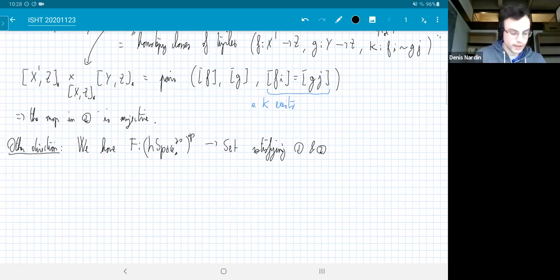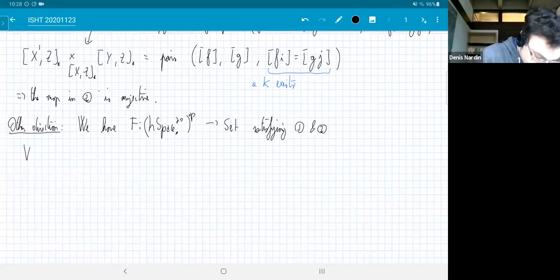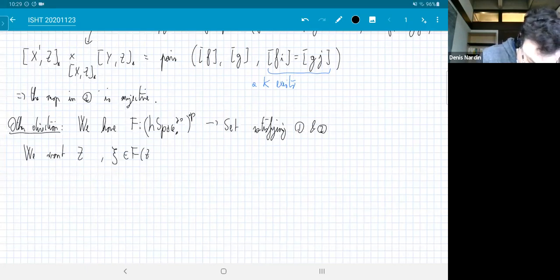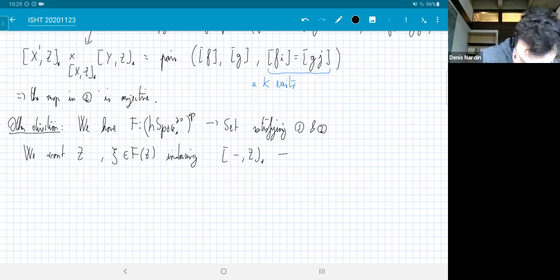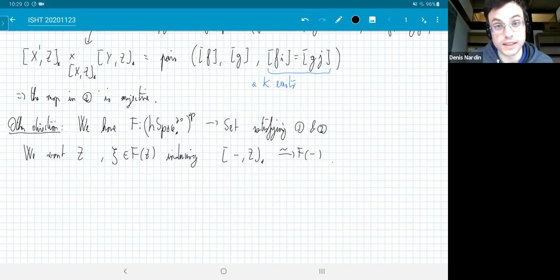What we want is a z and a psi in f of z, inducing, by Yoneda, a map such that the pullback of psi induces an equivalence. We're going to prove something weaker and stronger at the same time.